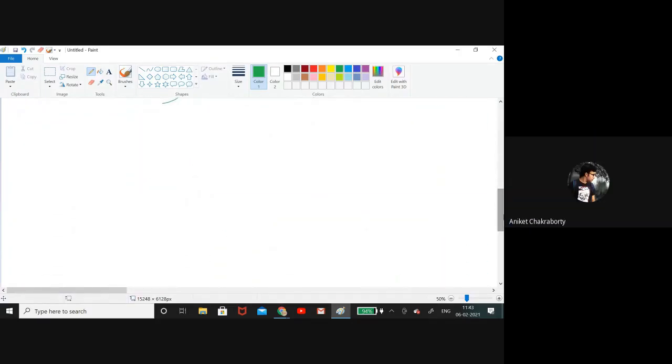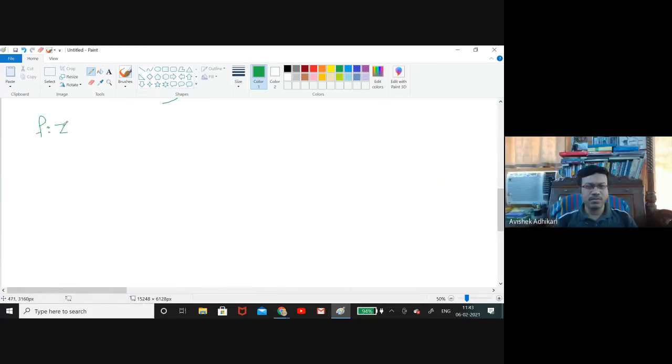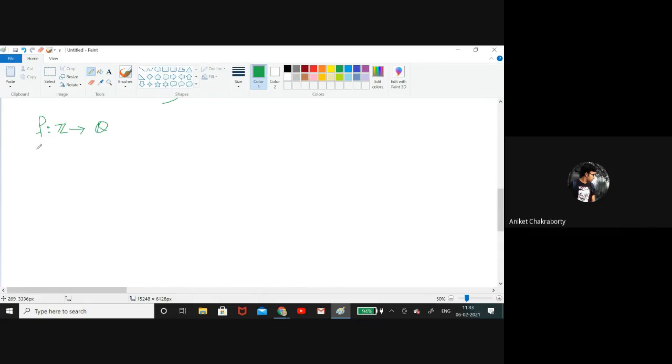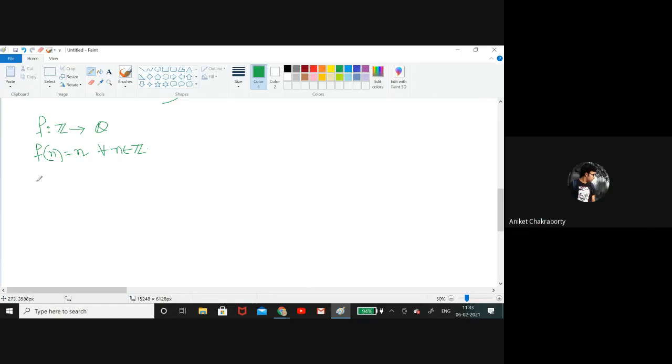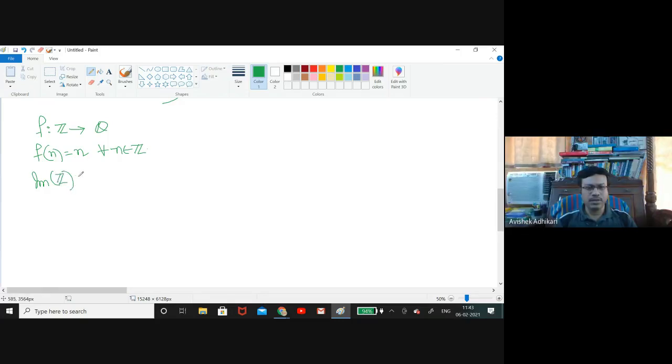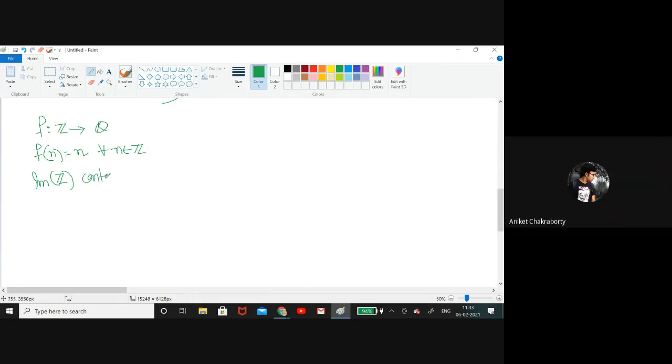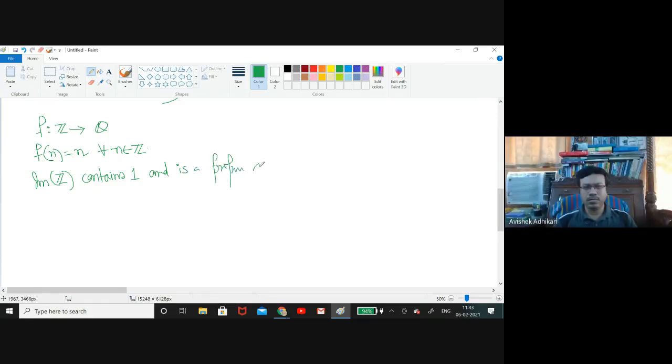Take the mapping from Z to Q, which is the inclusion map, n maps to n for all n belongs to Z. Now the image of Z contains the identity element 1, and is a proper subset of Q. Very good.